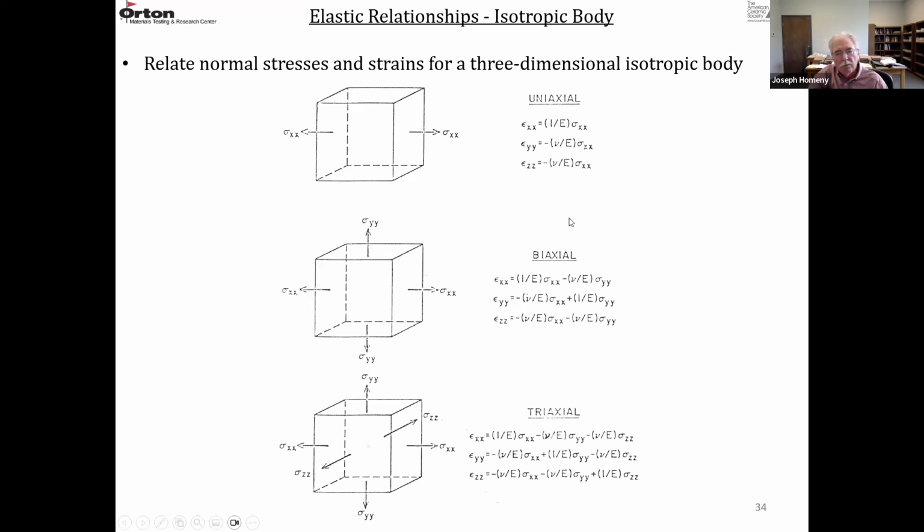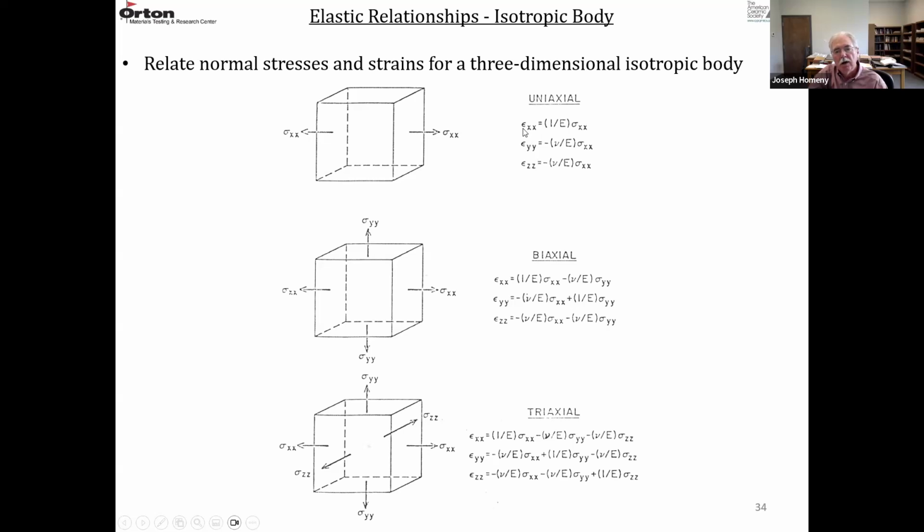So here's 3 different kinds of loading situations relating to normal stresses and strains. So this is uniaxial, biaxial, and triaxial. So this would be a simple compression test or a test in tension. So sigma xx is your applied stress. And then the relationships that we just described give you the 3 resulting strains.